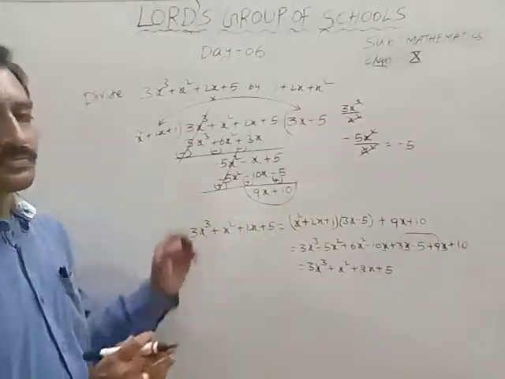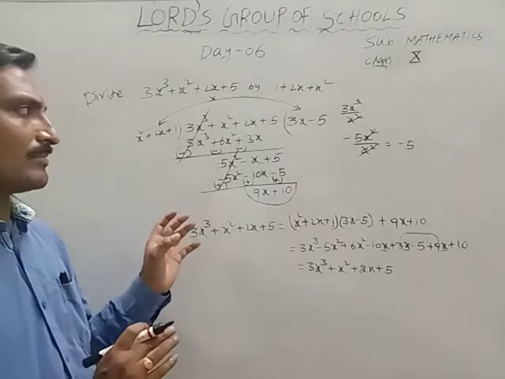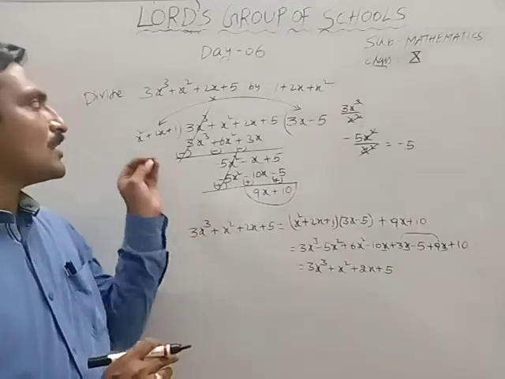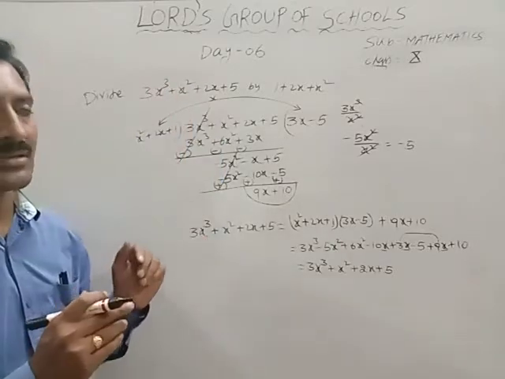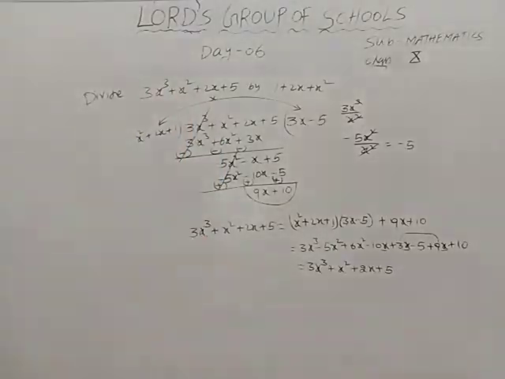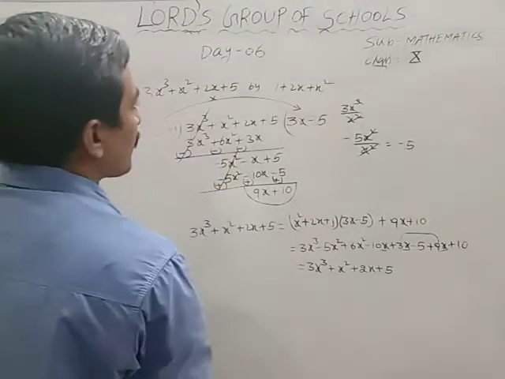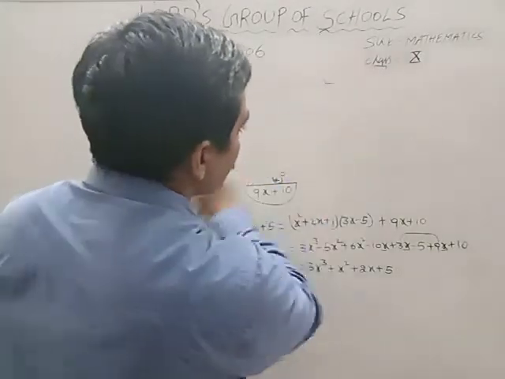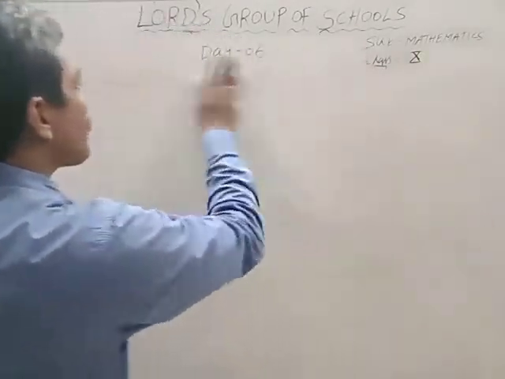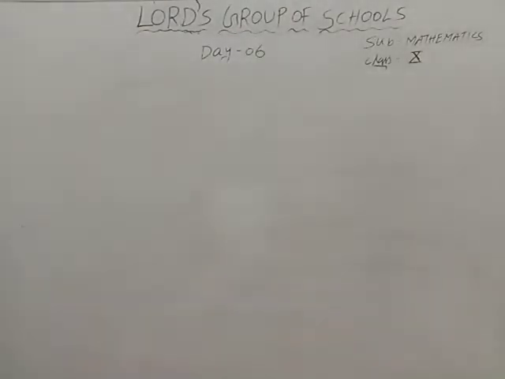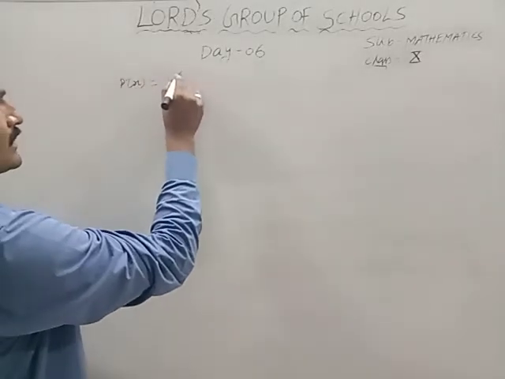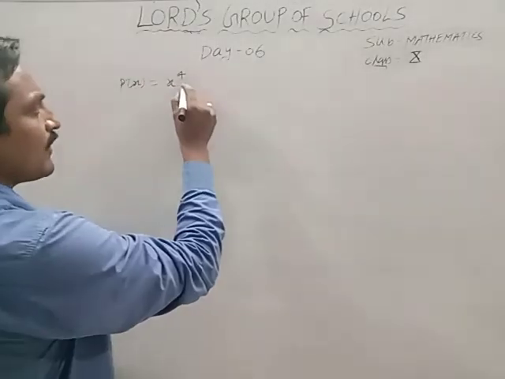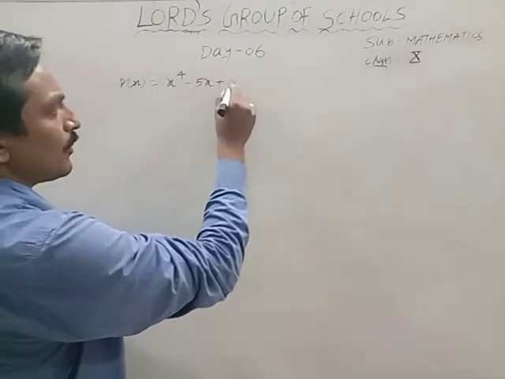Next comes, if any term is missing in a dividend polynomial, how do you take that, how do you do that type of question? Now, for example, P of x is equal to x power 4 minus 5x plus 4.